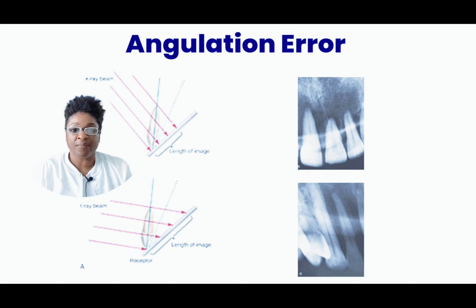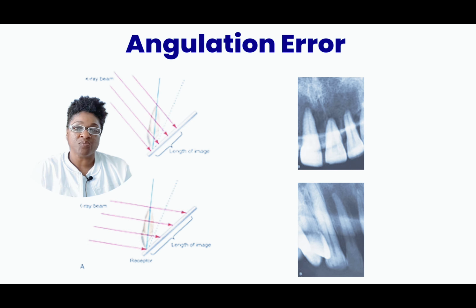So again, if you're on the maxillary arch, which is the upper arch, and you have the PID positioned probably too far down, then that's an overangulation, and that's going to result in a foreshortened tooth. Now, if you're on the mandibular and you have the PID pointed too far up, again, that's going to be a result of a tooth that is still foreshortened, but is on the mandible.